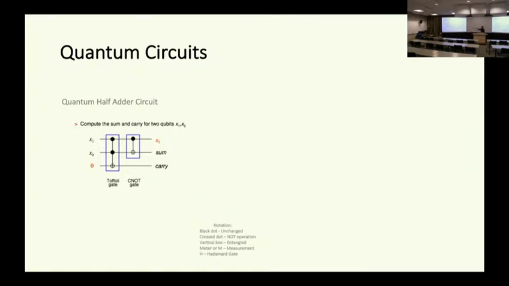That's what a quantum circuit looks like: a sequence of operations. Black dots are unchanged qubits, vertical lines show entanglement, and the crossed circles are the controlled NOT operation.